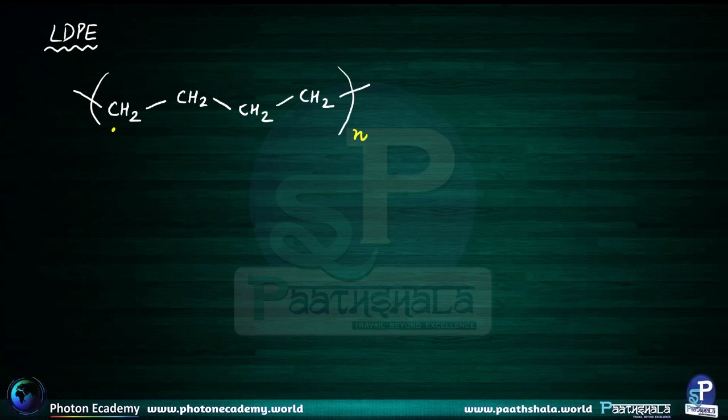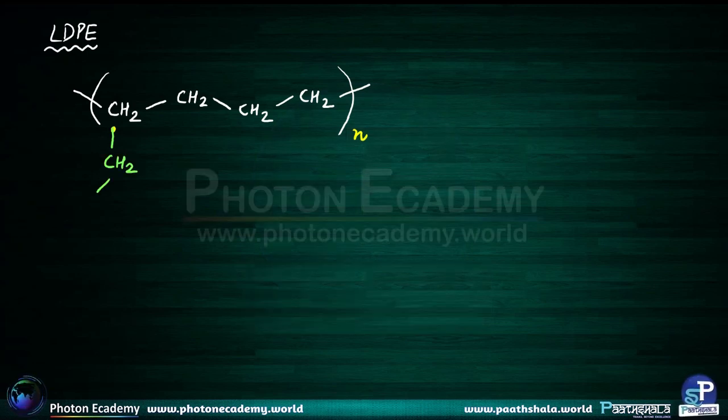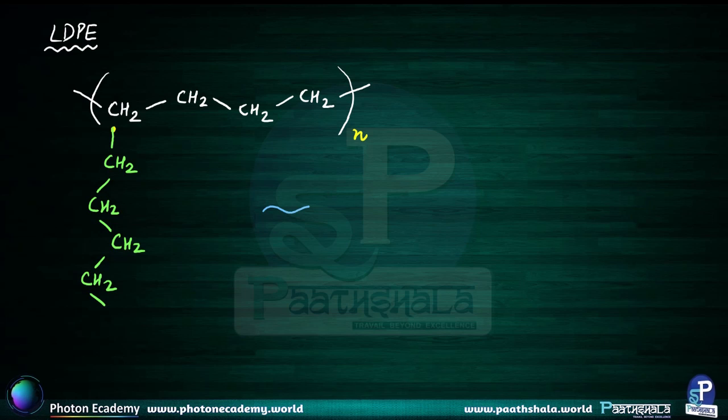If we see it going through a radical mechanism, imagine a radical being developed over here, and the next connection rises from here, and imagine another polymeric chain being developed from here. So as you can see, branching is happening in LDPE, that is low density polythene, and because of this branching, the structure will look something like this. So there will be branching in this structure.